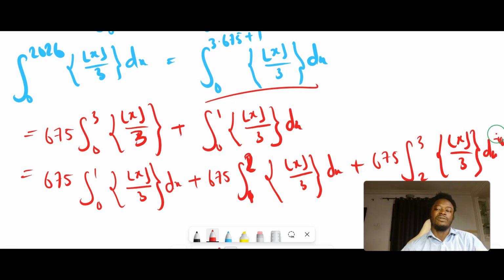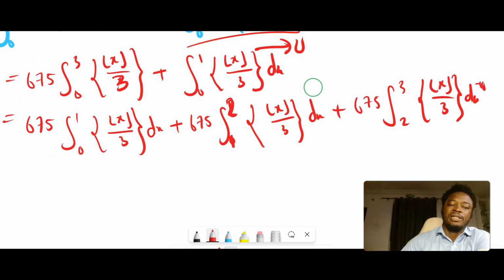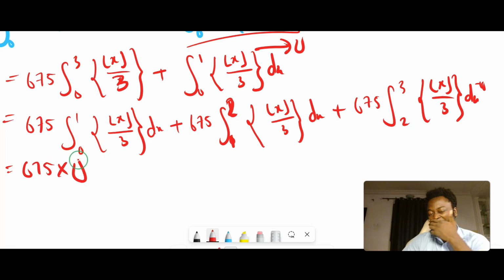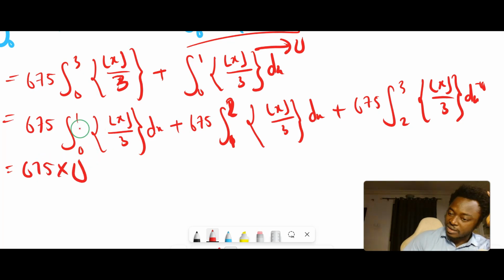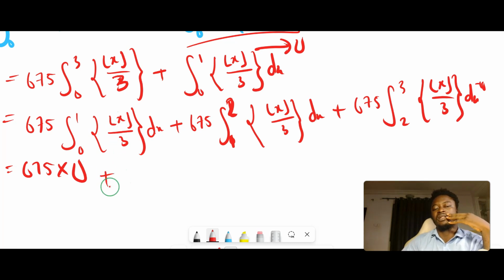Now this first one is 0, of course, because the floor of x on this interval is simply 0, so that is 0 over 3. So this is now plus 675 times this.